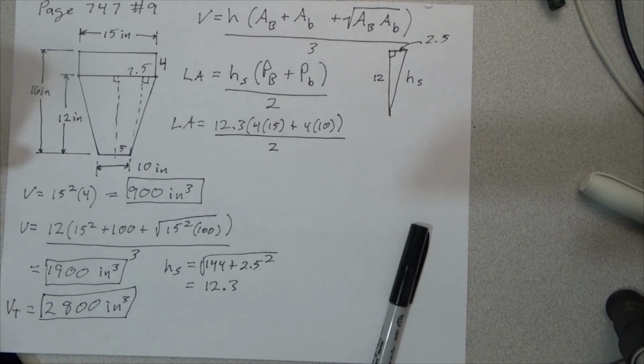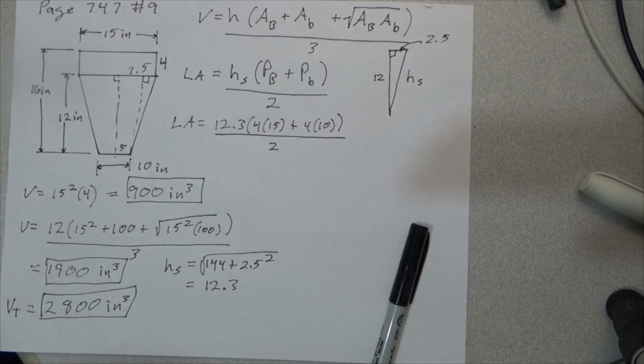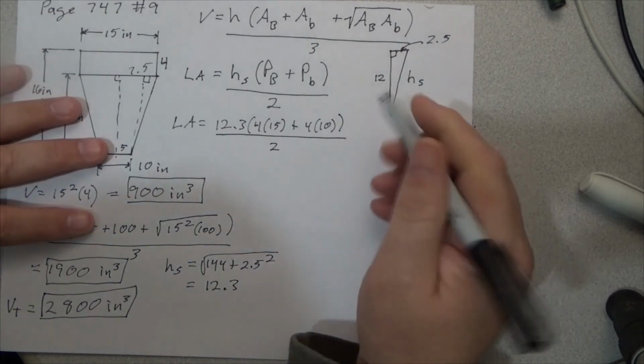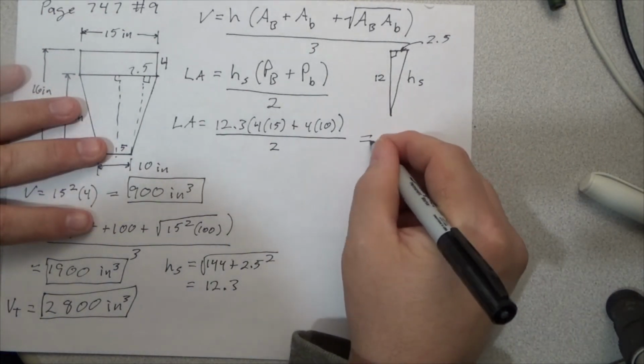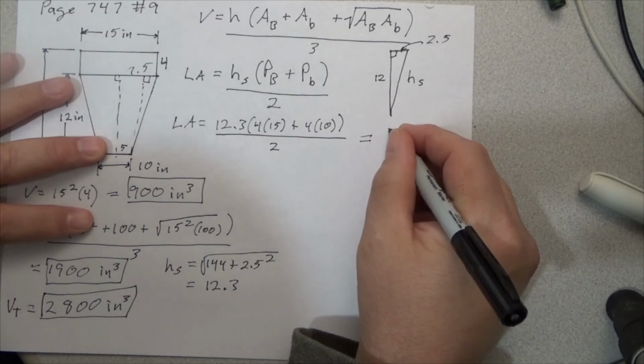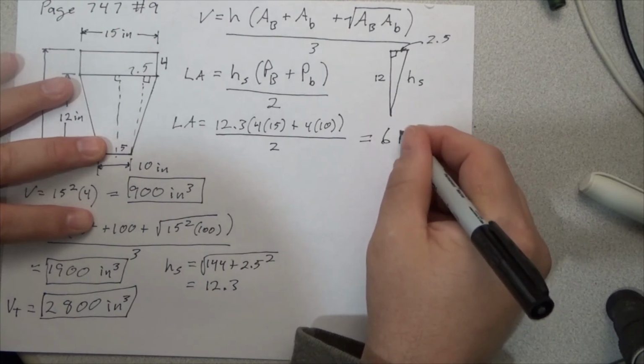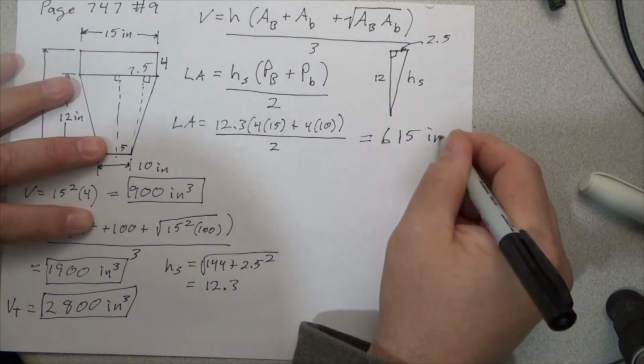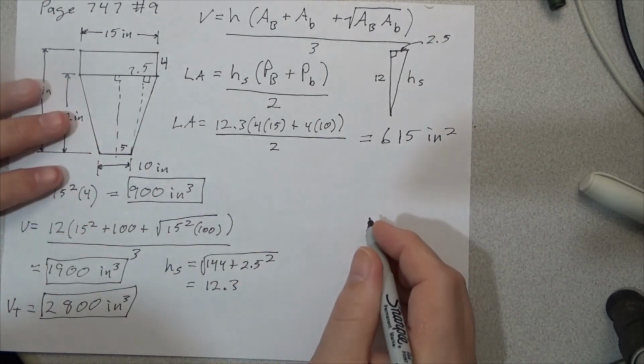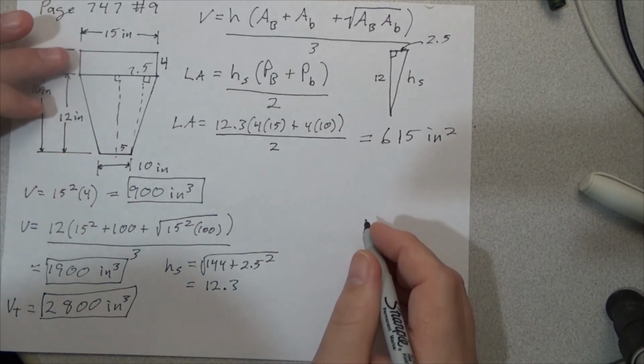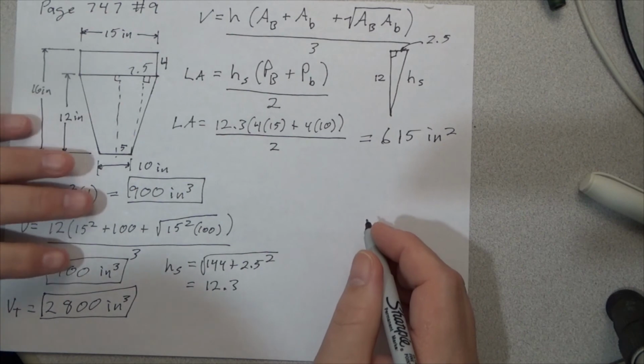So 12.3 times 100 is equal to that. Divide that by 2 equals that. So this lateral area of the frustum is going to be equal to 615 inches squared.